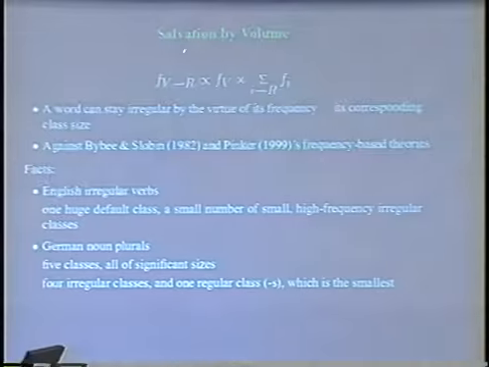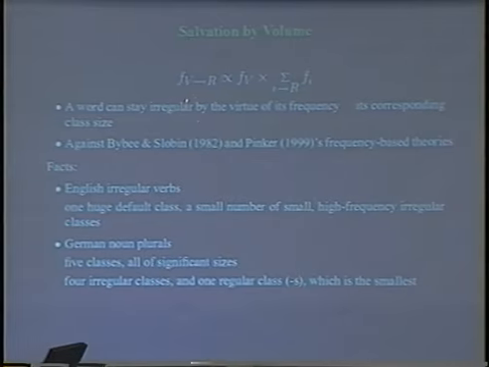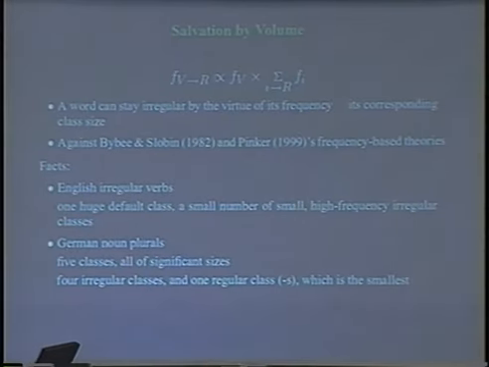And remember, a verb will be used correctly if it's somehow a product of the frequency of itself and the size of its class. So you can stay irregular either by virtue of your very own frequency or by virtue of the class size. So those two factors are important, but that argues against the idea that only frequent verbs alone can be irregular without taking into account the effect of class size.